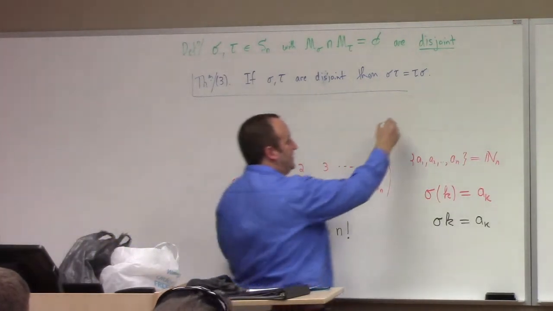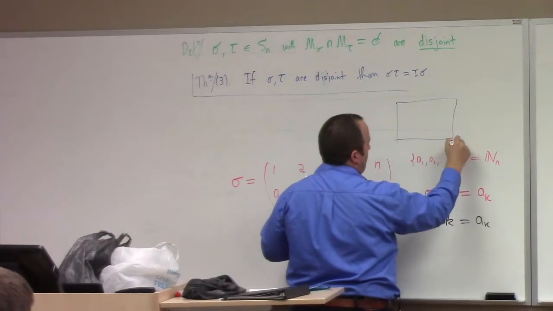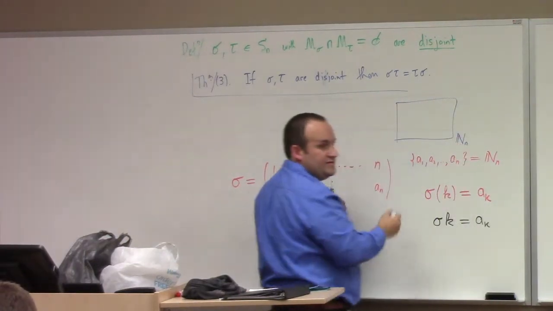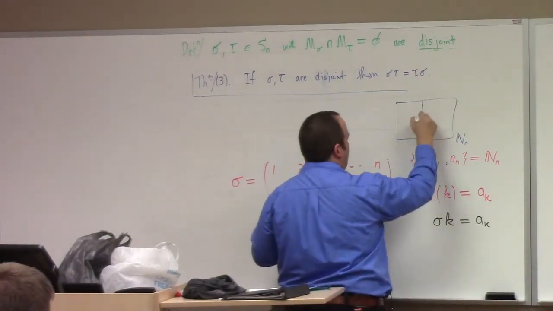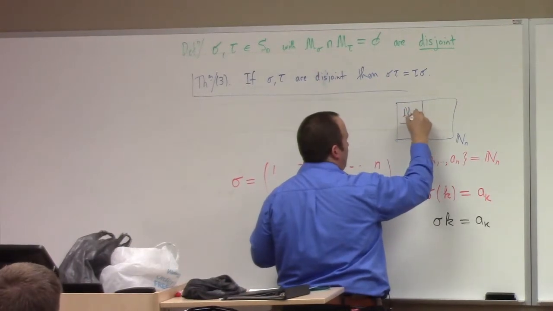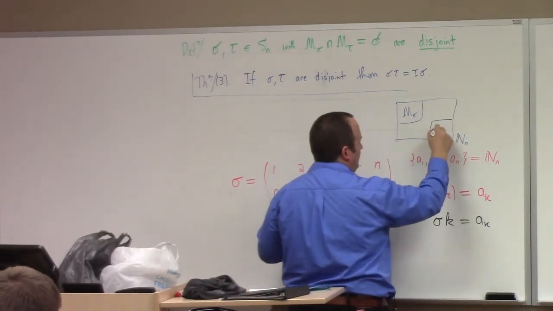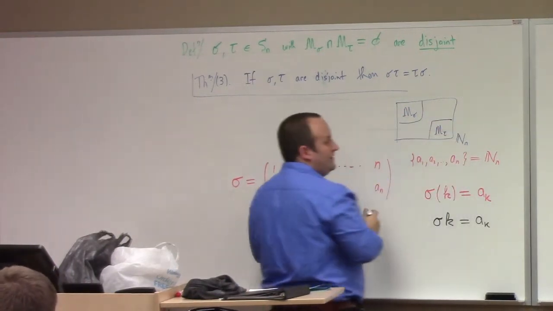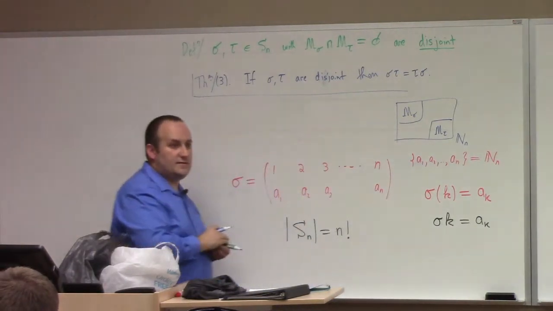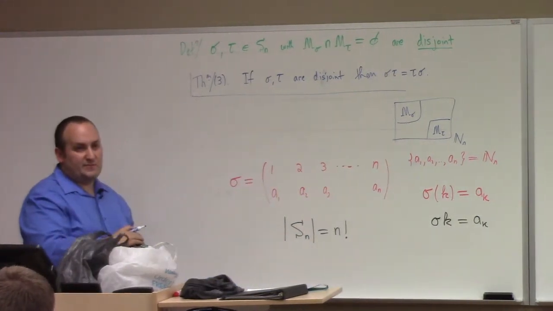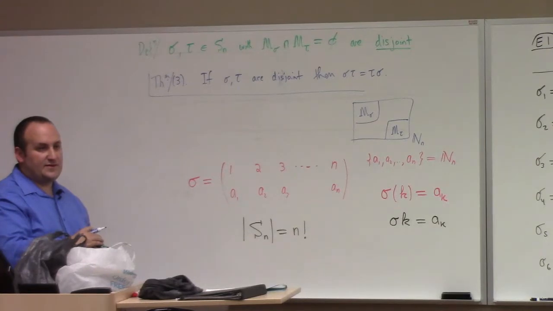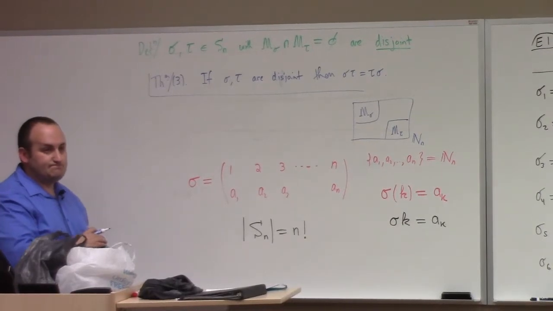If you look at n sub n, there's three things: whatever's moved by sigma, whatever's moved by tau, and then everything else. So the proof basically proceeds by looking at those three different kinds of numbers and showing that in each case the maps commute in their action.